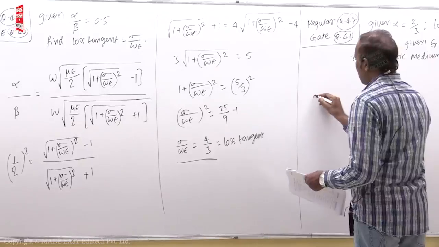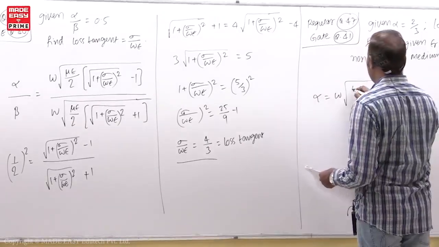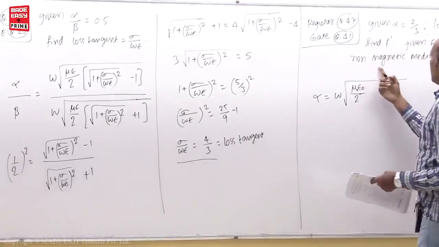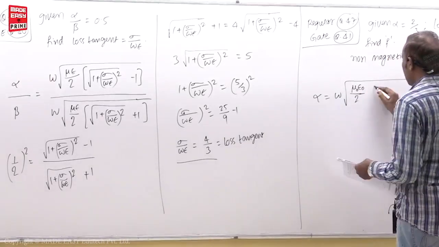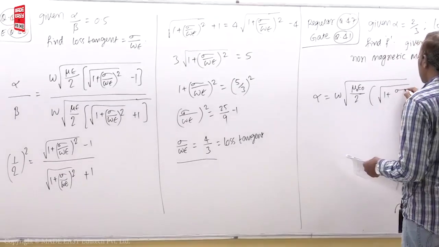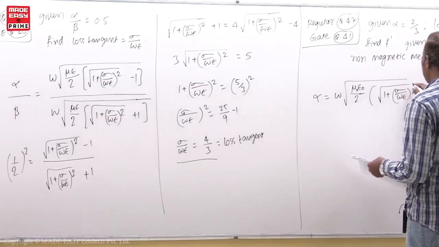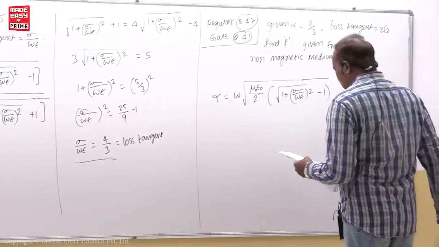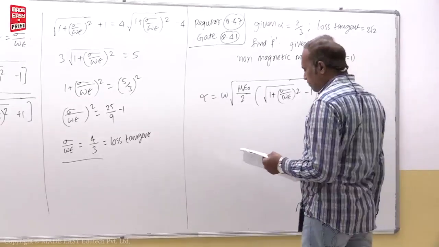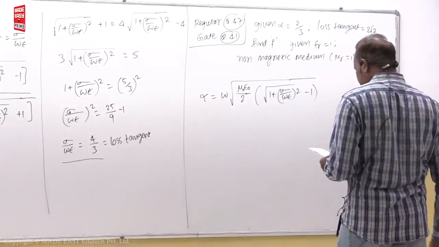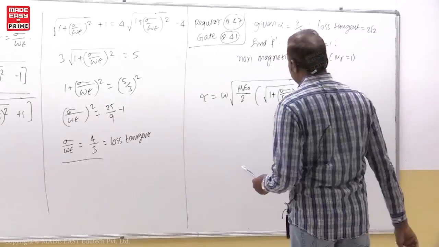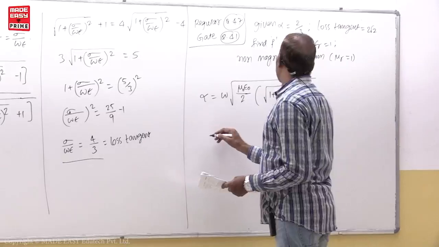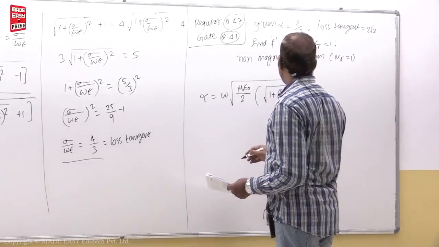So the formula is alpha equal to omega root mu naught epsilon naught by 2, because epsilon r is 1 and mu r is also 1, times root of 1 plus sigma by omega whole square minus 1, whole power 1 by 4. Here alpha is given as 2 by 3.